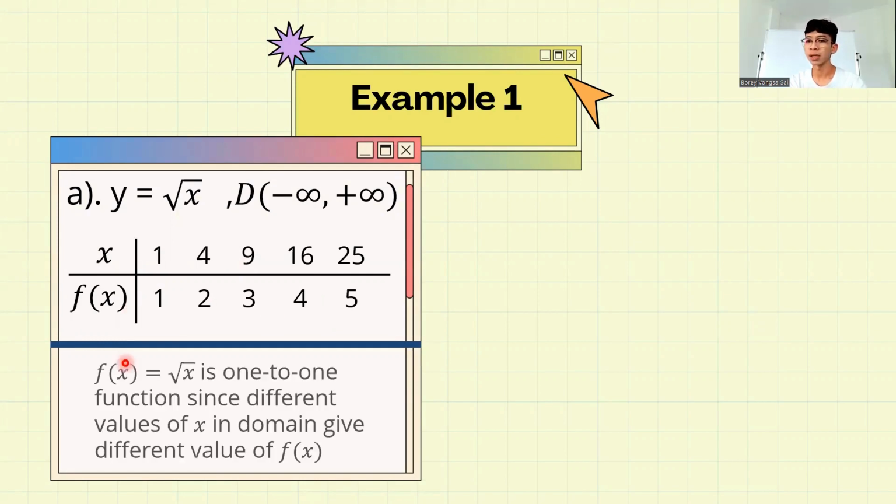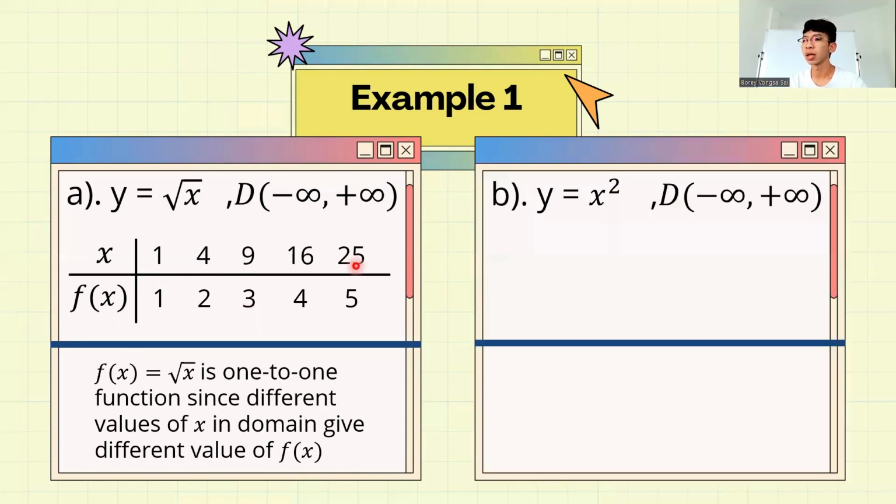Then f(h) equal to the square root of h is a one-to-one function, since different values of h in the domain give different values of f(h), as you can see right here. There's no different value of h that gives the same value of f(h). Even though we add more values of h, we still get different values of f(h). So it is a one-to-one function.